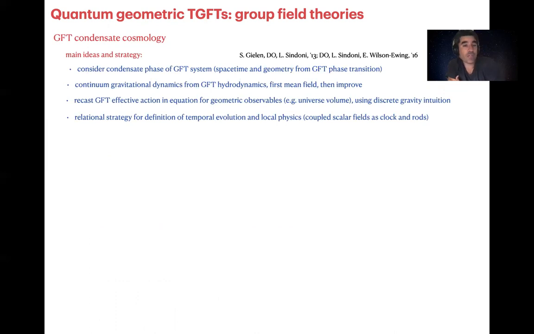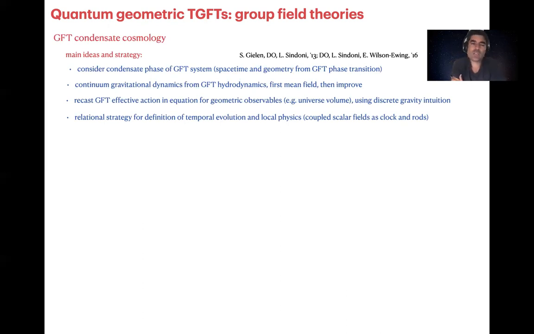So one considers a condensate phase of the group field theory system, the idea being that space-time and geometry arise from some group field theory phase transition. Second, one looks for the continuum gravitational dynamics in the context of the hydrodynamics of the group field theory models.